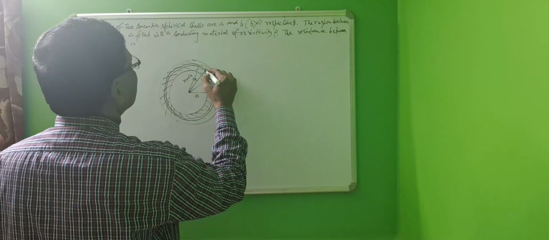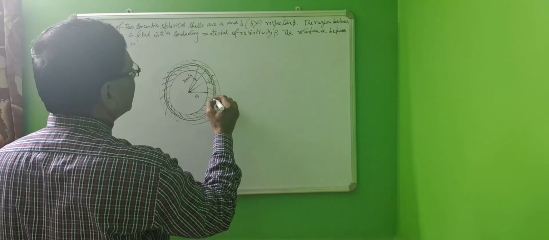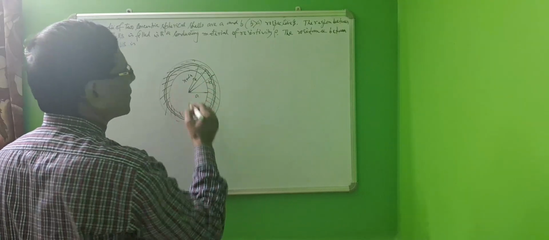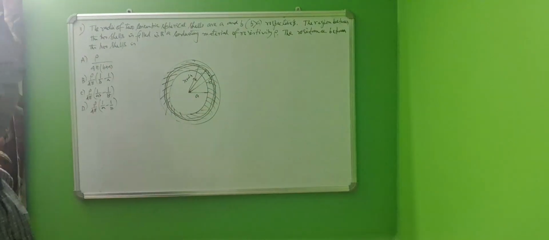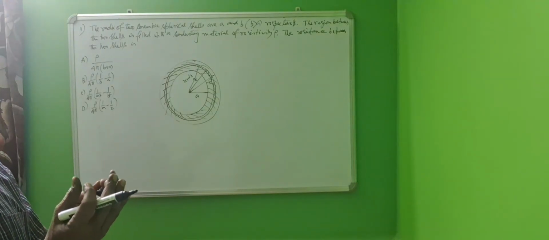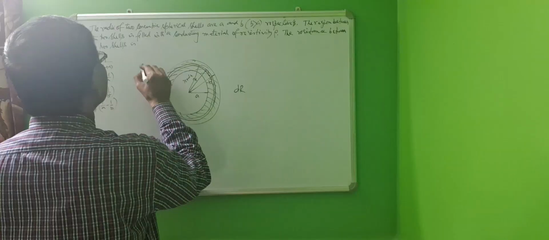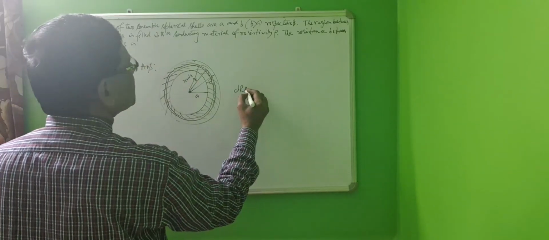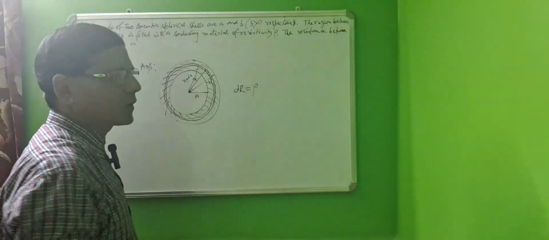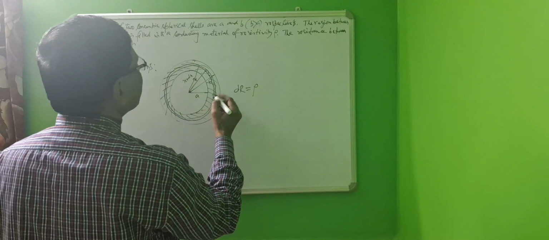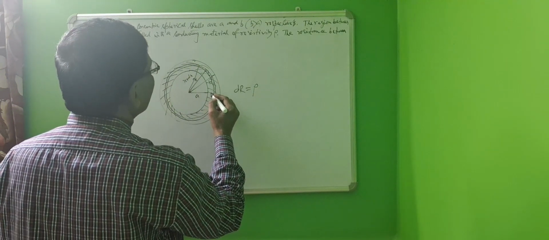So, if we want to find the resistance of this infinitesimally thick cell, we can write dR equals rho times the length. What is the length?